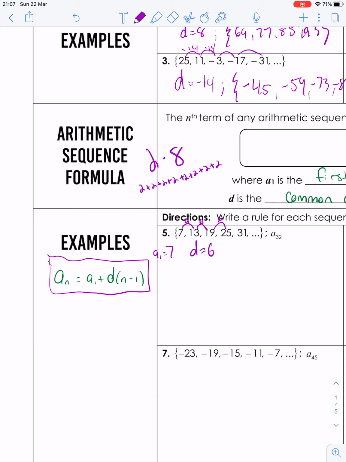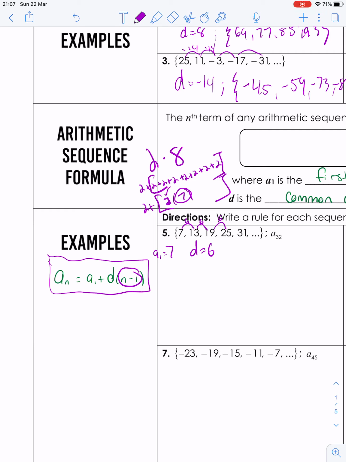What I could do is take my first 2, that would be my first term, and then take the other terms. Instead of writing it as 2 plus 2 seven times, I know the next 7 terms are going to be multiplied by 2. That's the difference, 2, in this case, and how many terms I had to multiply by is 7. So that's where the n minus 1 comes in.